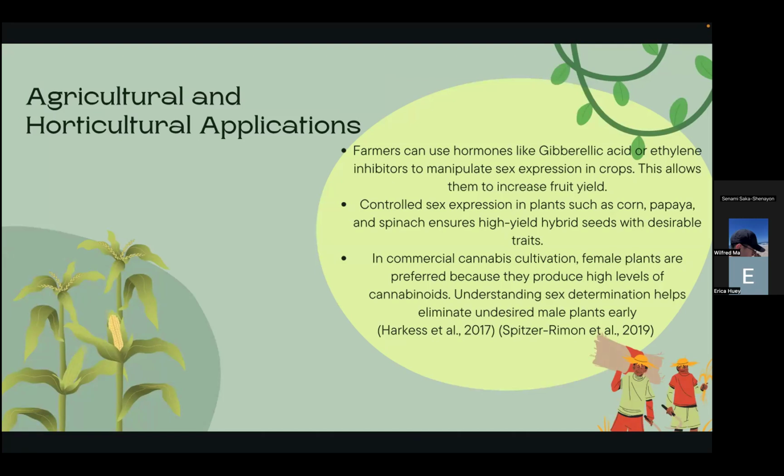Farmers can use hormones like GA or ethylene inhibitors to manipulate sex expression in crops, which also allows them to increase fruit yield. And in commercial cannabis cultivation, female plants are preferred because they produce high levels of cannabinoids, and this allows farmers to eliminate undesired male plants early.